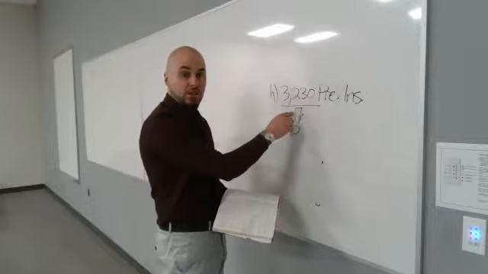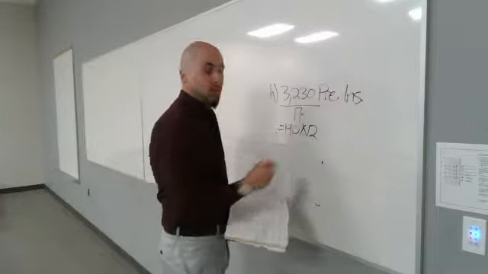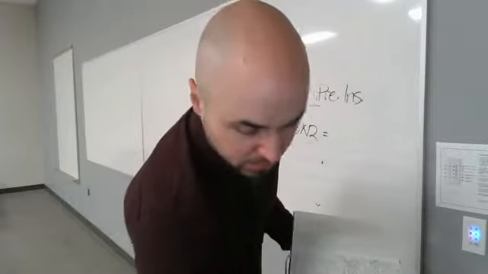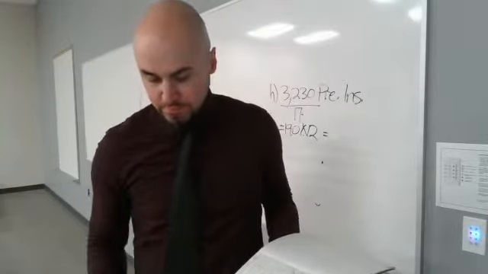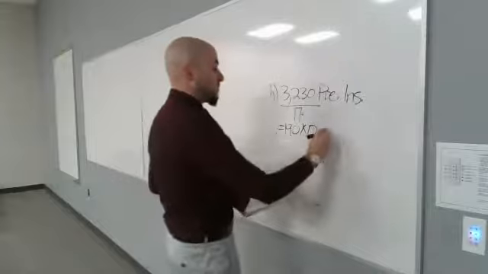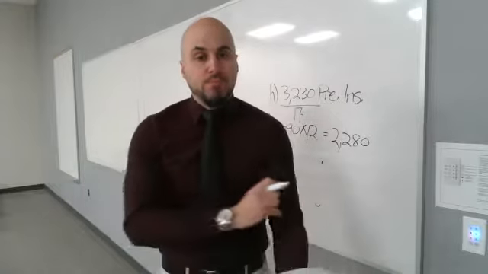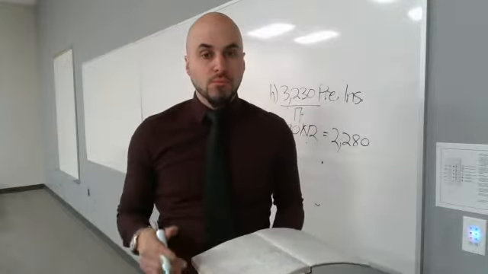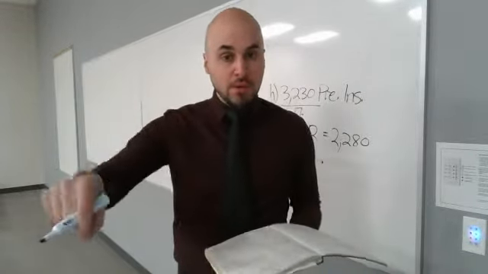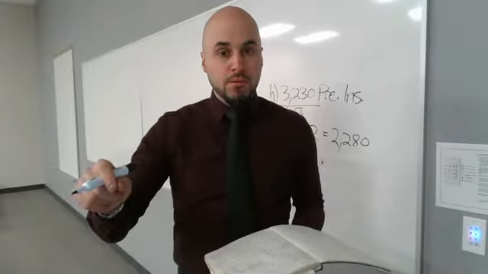Remember, 17 months means you multiply by 12 months. 190 multiplied by 12 is 2,280. That is the amount that will be adjusted for this year.